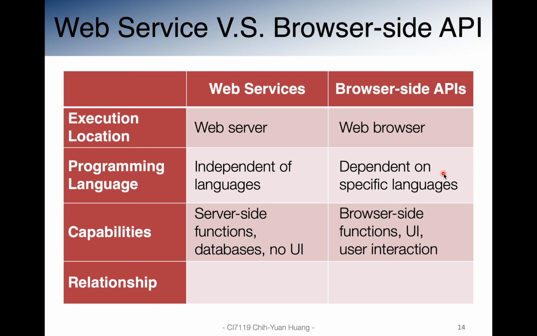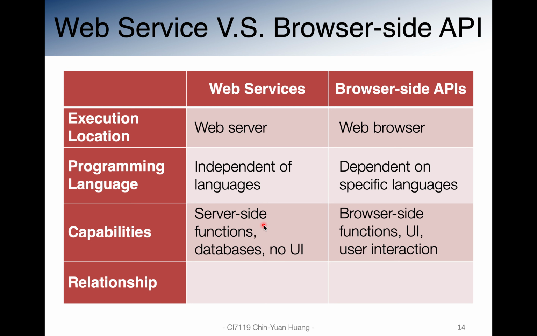And in terms of the capabilities, the web services usually provide some server-side functions, and could utilize databases, and they don't really provide a user interface. The server-side functions here are functionalities that are time and computationally intensive, that cannot be easily supported by the user's end device.